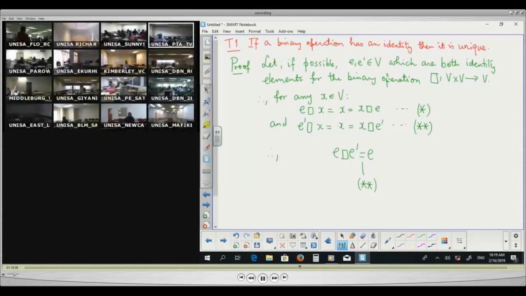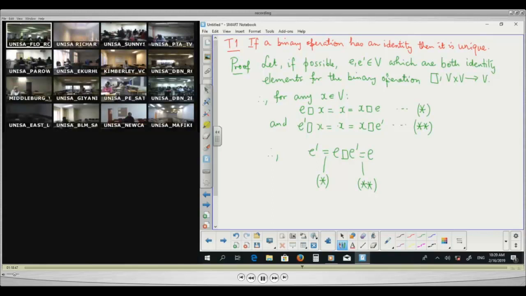Sorry, sir. The single star, is it the definition of the identity that you're applying? Yes. From the definition, since E is an identity, the single star equation holds. And since you have told me E prime is an identity, the double star equation holds.